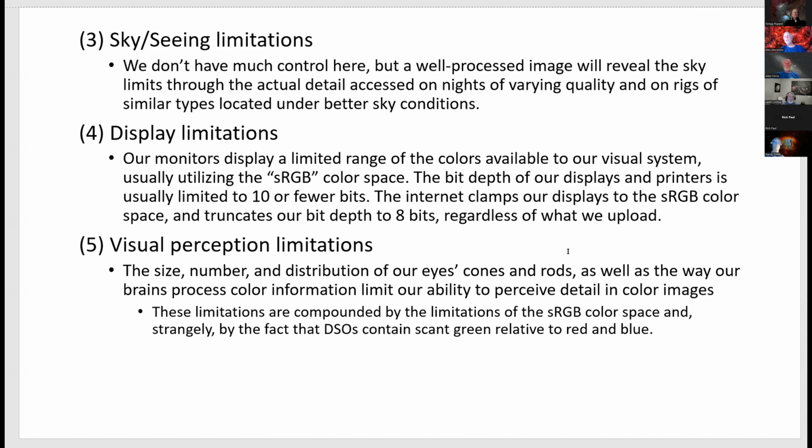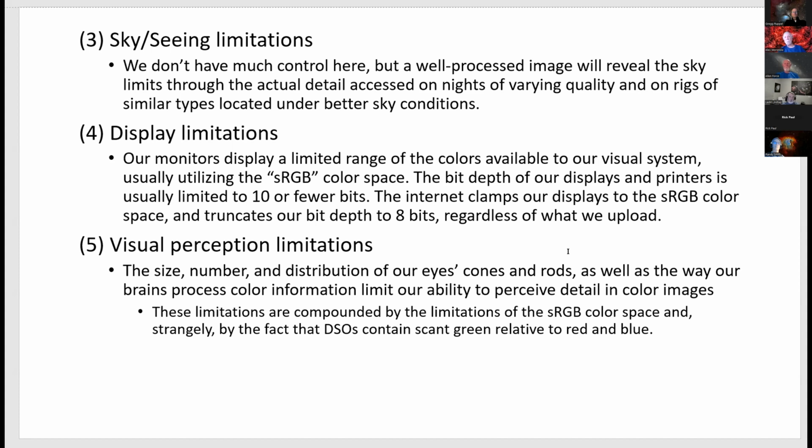We display our images by either printing them or bringing them up on a screen. In either case, our displays have limited color spaces. Most of them are sRGB, which is a very small color space relative to others. We have limited bit depth. 8 bits is common. Occasionally we find 10. Unfortunately, some printers are less than 8.